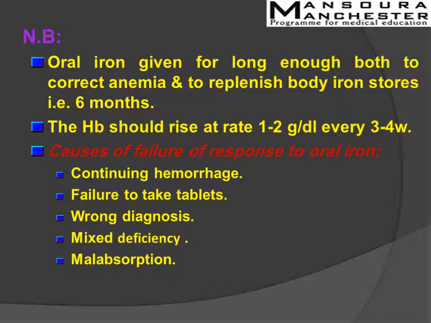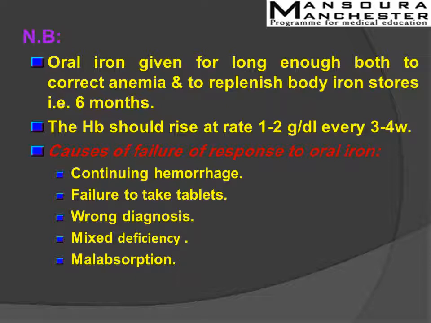Oral iron should be given for long enough both to correct the anemia and to replenish body iron stores. For example, I need to give it for about 6 months. The target rise in the hemoglobin should be 1 to 2 grams every 1 month. Causes of failure to respond to oral iron include persistence of the cause, as we just said, for example, continuous hemorrhage.